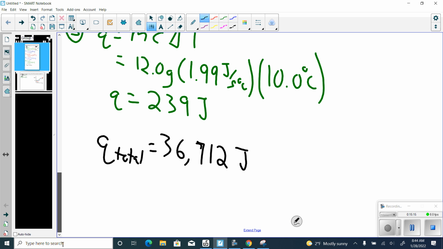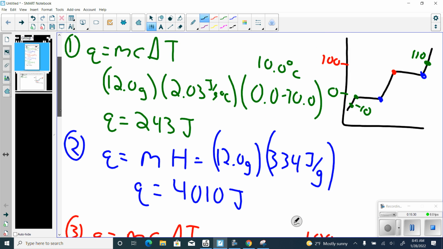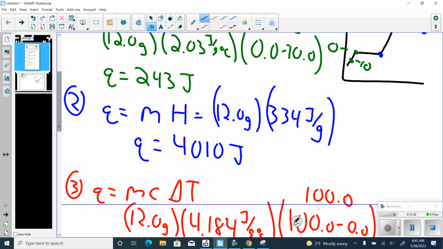If you are not a big fan of sig digs and don't care if you lose a quarter of a point because this was enough for you, feel free to turn off your brain for the next 30 seconds. But if you want to know the rules for rounding for sig digs, when you add all these numbers up, this number went to the ones place for its 3 digits. This number went to the tens place.